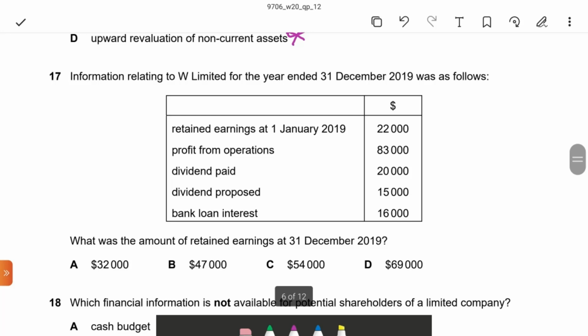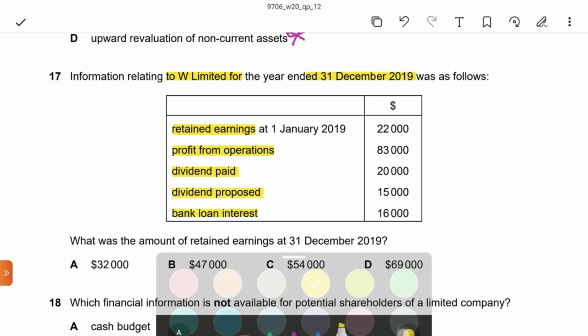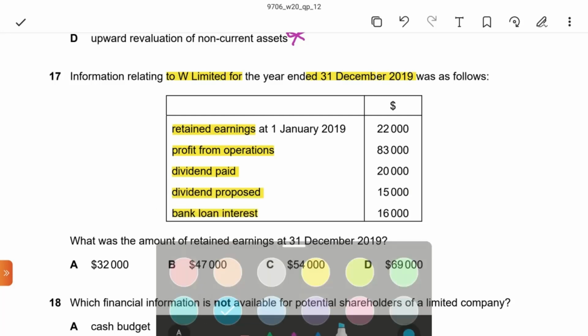Next, information relating to W Limited for the year ended 31st December 2019. They are given retained earning, profit from operation, dividend paid, dividend proposed, bank loan interest. What is the question asking?